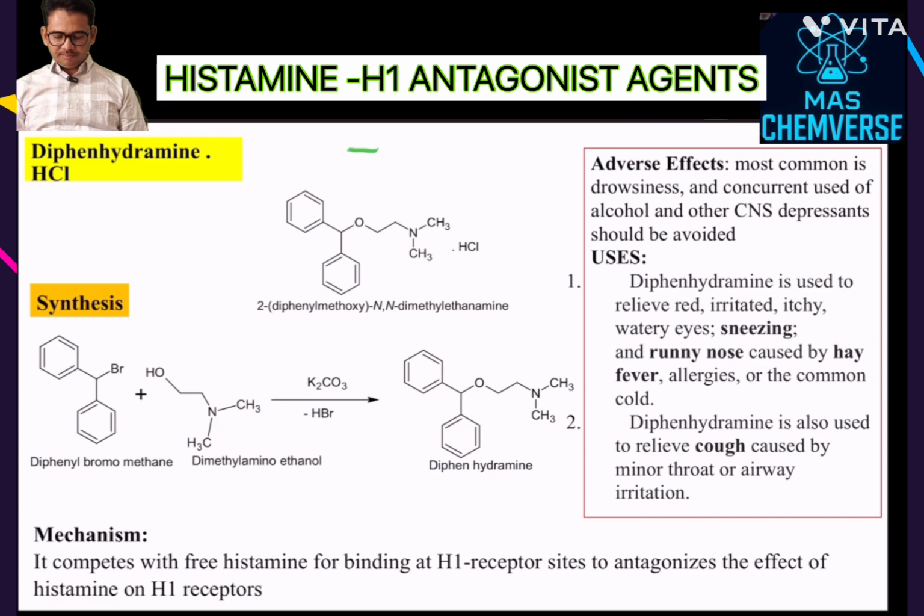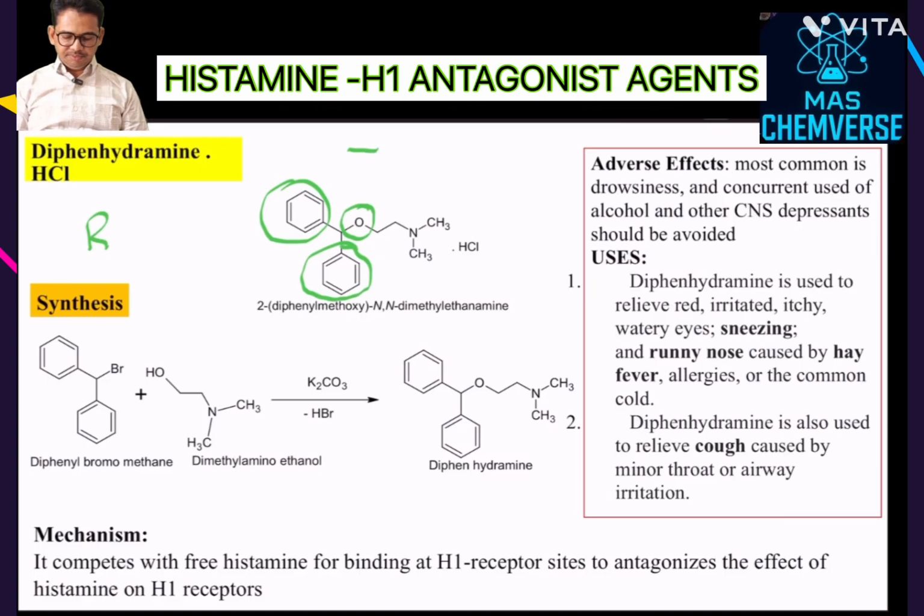When you see the structure of diphenhydramine, it has a dibenzene, that is two benzene rings, attached to the methoxy group, because it is in the ether form. This drug is present in the ether form.